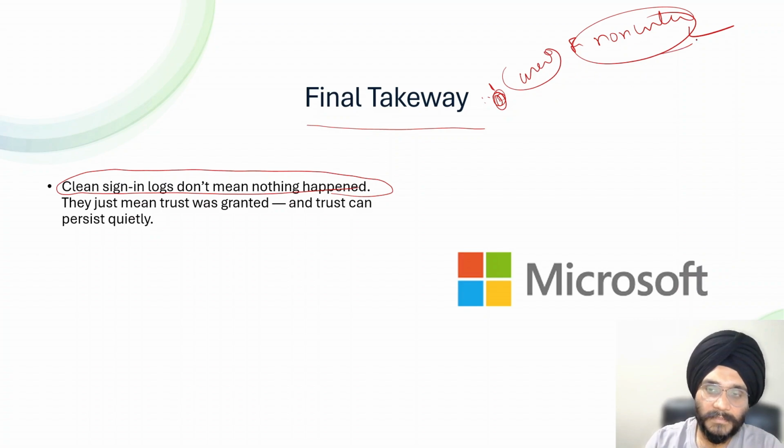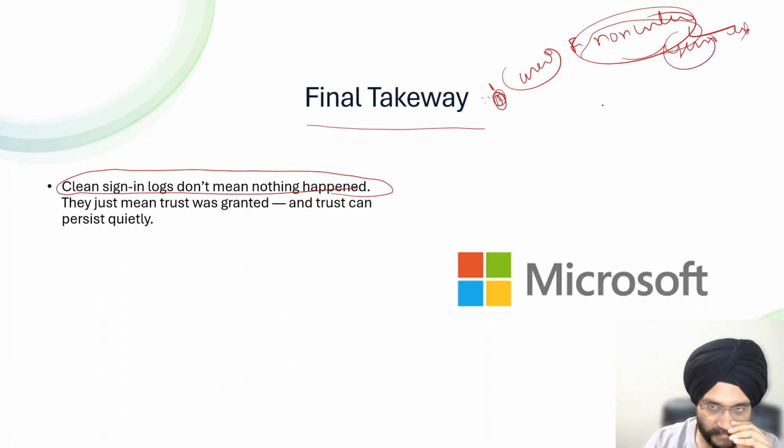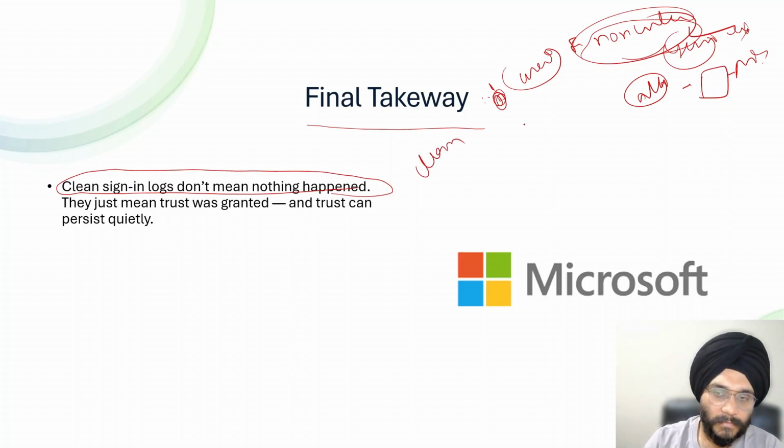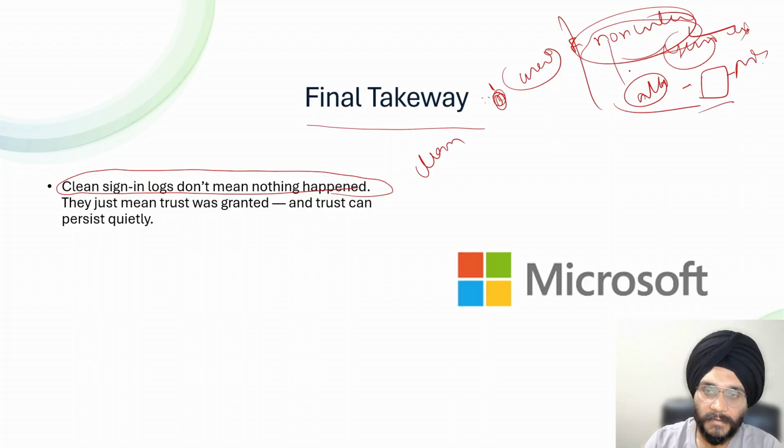The attacker has got access to the token, and he can do whatever he wants. Since there is no MFA and no new sign-in, the logs look clean, but the attacker is doing his work here. So we must understand that when you see clean logs, it doesn't mean that nothing is happening. Maybe the attacker is doing something.